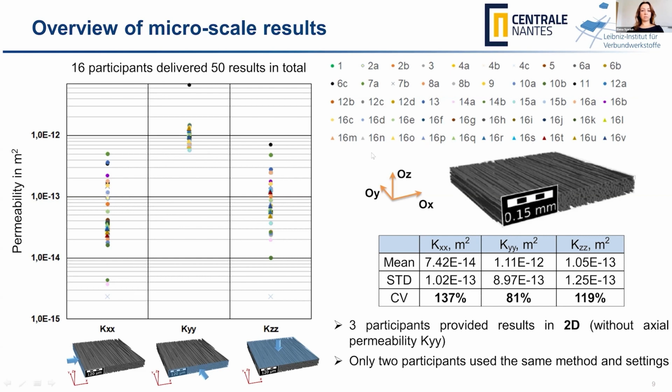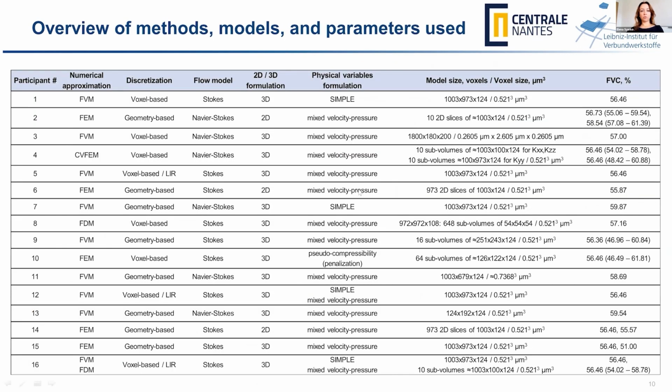What was interesting is that nobody among the participants used exactly the same methods and conditions, except for only two. So basically only two results had the same setup. And here you have an overview of all the variety of parameters that were varied.